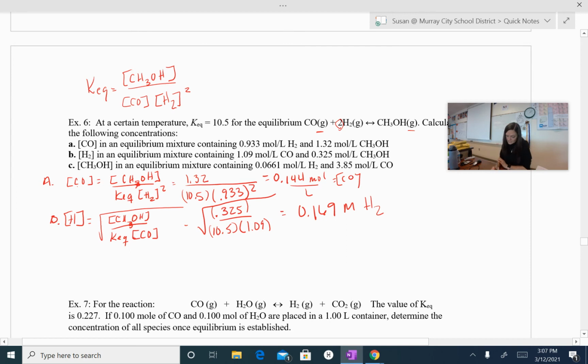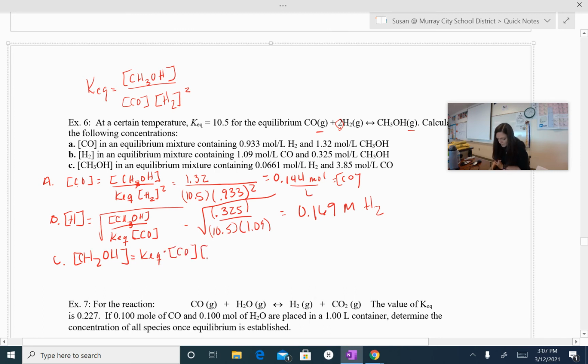Okay, and then C, methanol. So I want to solve for methanol. So methanol, CH3OH, is going to be equal to my equilibrium constant multiplied by my carbon monoxide concentration multiplied by my hydrogen concentration squared.